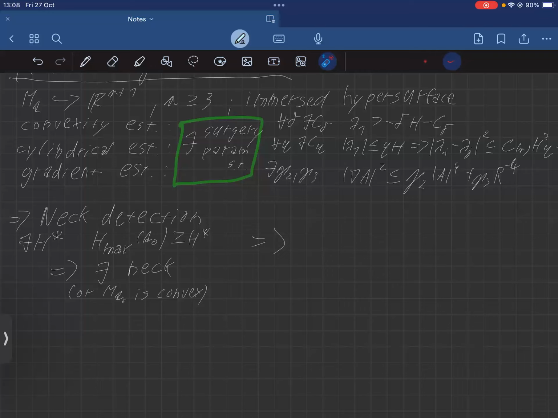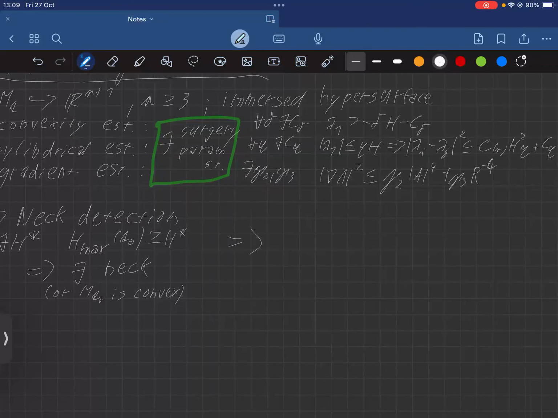And this is obviously like a circular proof, which is not very valid. But the key thing is that with enough attention to detail, we can actually find surgery parameters that are better than some threshold, such that these estimates will hold. And then the neck detection actually gives us the necks which are sufficiently nice that these parameters are fulfilled. These surgeries are sufficiently nice. So it's quite delicate.